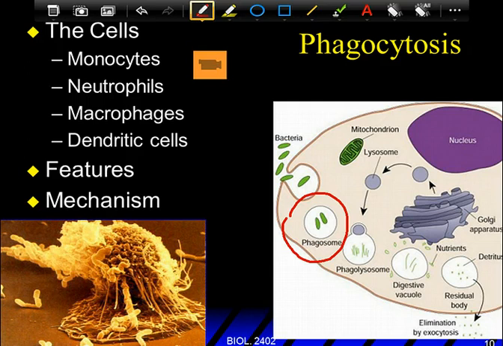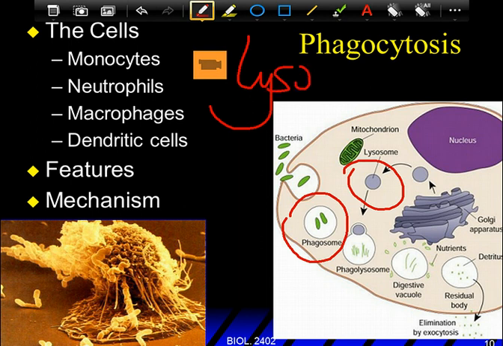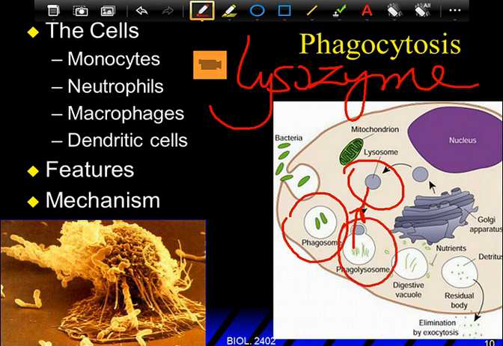So the organisms are inside this vacuole. Notice this lysosome. And inside of it, remember, it's got lysozyme. It's an enzyme, antibacterial. So these 2 come together, and the lysozyme is dumped into that phagosome, and it destroys the microorganism, and then you have exocytosis right over there. So that's phagocytosis.